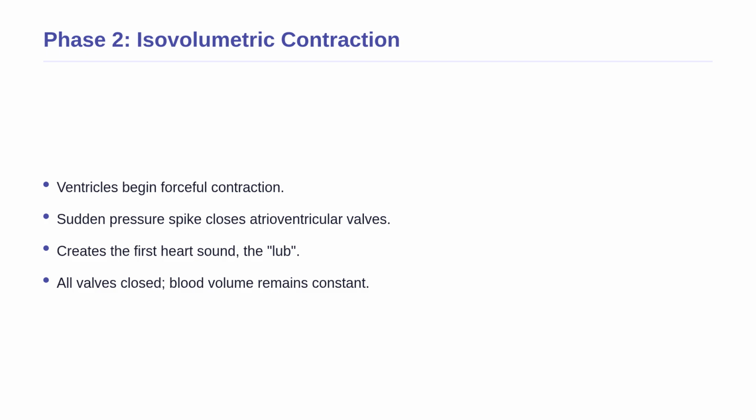Because all the valves in the heart are momentarily closed, the volume of blood inside the ventricle cannot change. This is exactly why we call it isovolumetric. The heart muscle is building up immense tension during this split second, preparing for the explosive release of blood into the body.